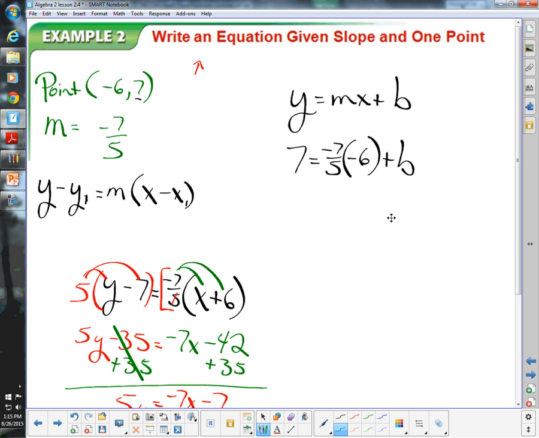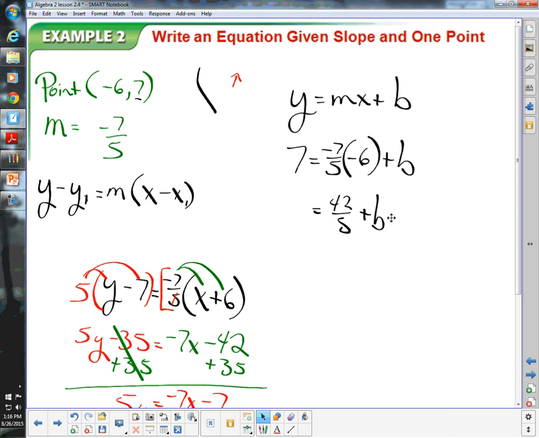Follow along. We're going to move fast. What is negative 7 times negative 6? That's 42 fifths. In order to subtract from that side, this 7 is going to have to be in terms of fifths also.